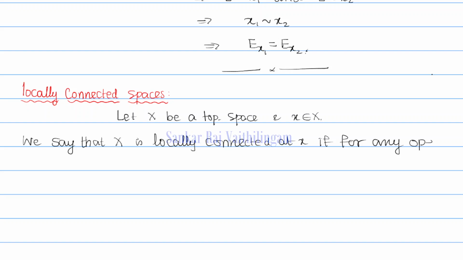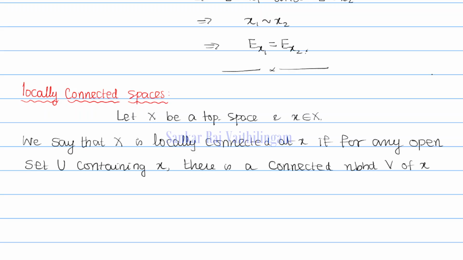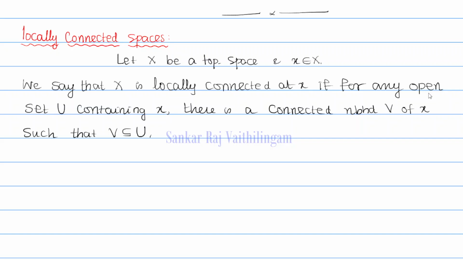U containing x, there is a connected neighborhood V of x such that V is contained in U. So whatever open set you give me around x, say this is an open set U containing my x, then there is an open set V containing x, and the additional condition is that V is connected.